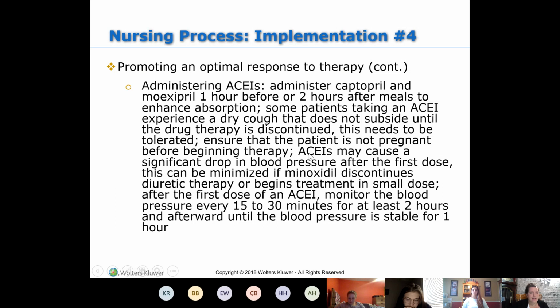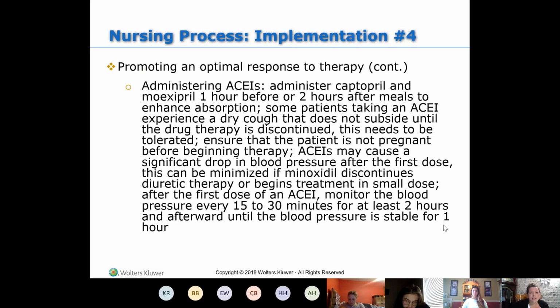ACE inhibitors may cause a significant drop in blood pressure after the first dose, and this can be minimized if the prescriber discontinues diuretic therapy or begins treatment in a small dose. After the first dose of an ACE inhibitor, we want to monitor the patient's blood pressure every 15 or 30 minutes.